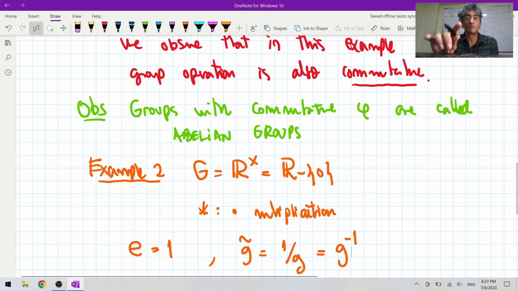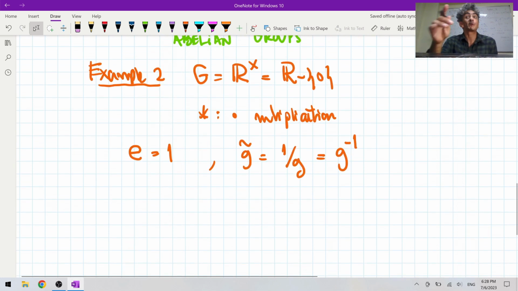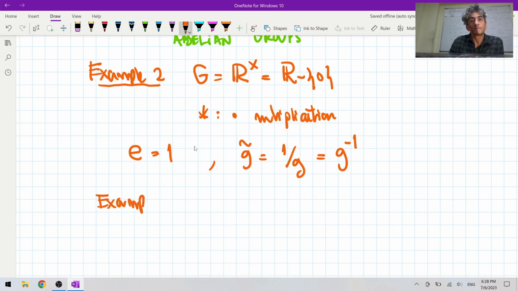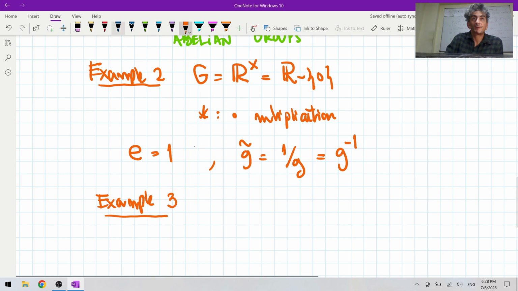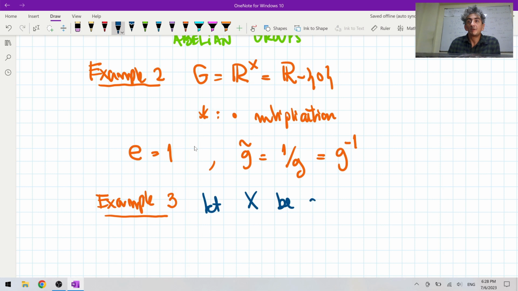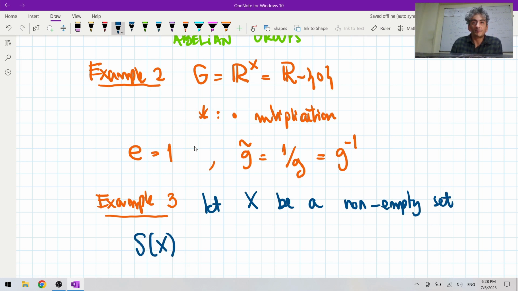So the multiplicative inverse is just the reciprocal of g. And this can be taken since every g is non-zero in G. So these are 2 examples in which the group operation is commutative. Well, it is not the case that every group is commutative. Example 3. Let's get to a more involved example. Let X be a non-empty set, and let's take S of X, simply the functions from X to X that are bijections.